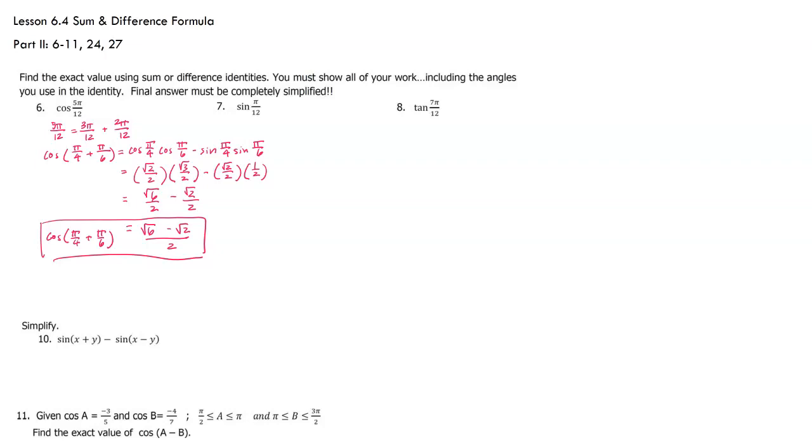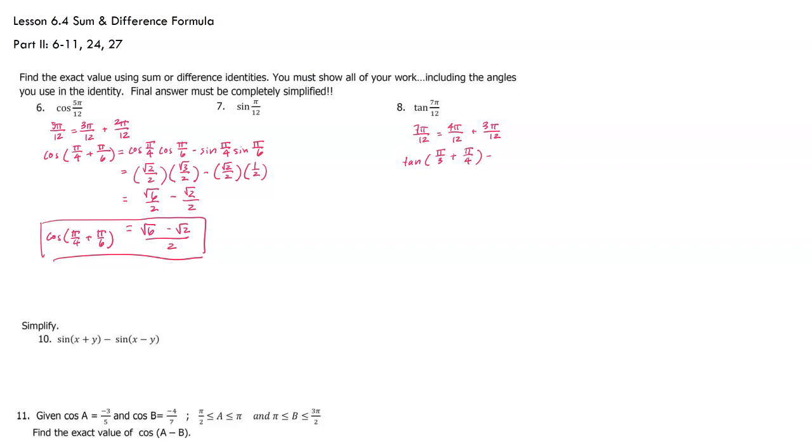My laptop is still very hot. Okay, let's do this one, tangent, because I don't think I had that many examples with tangent. That could be separated as 4 pi over 12 plus 3 pi over 12, and tangent of 4 pi over 12 is pi over 3 plus pi over 4.